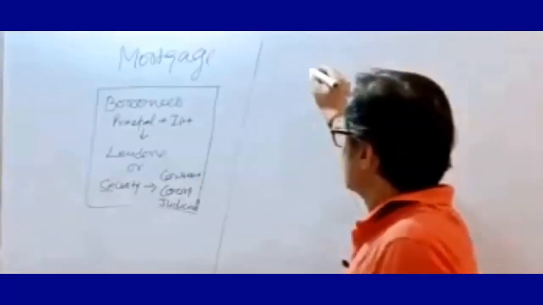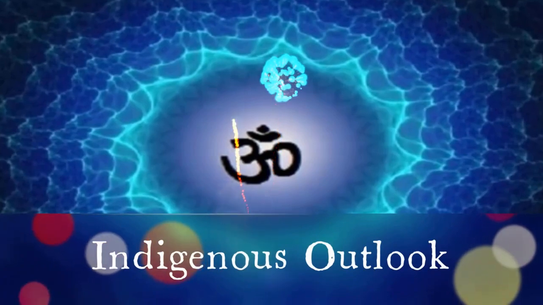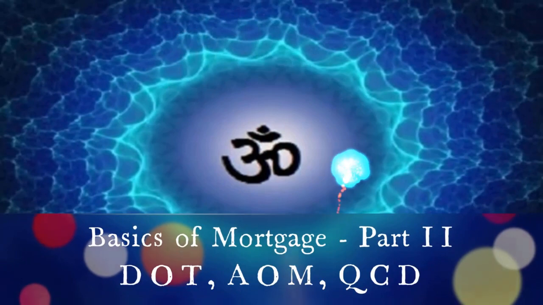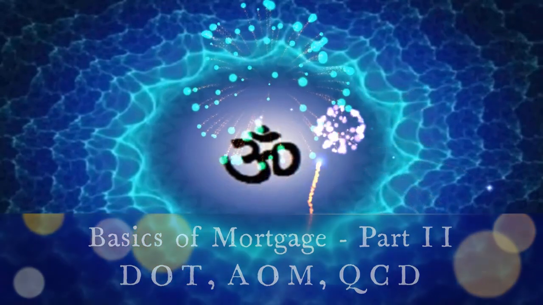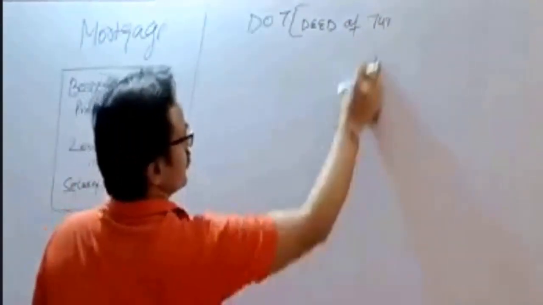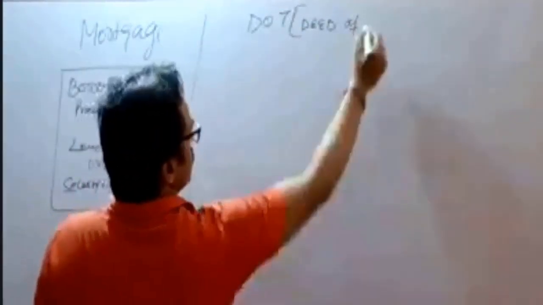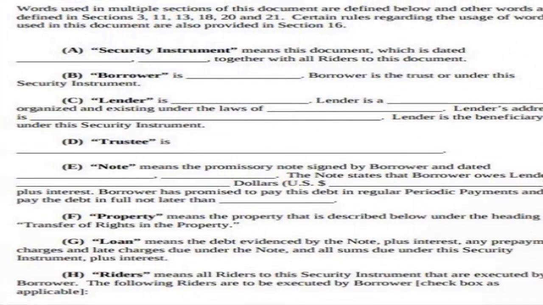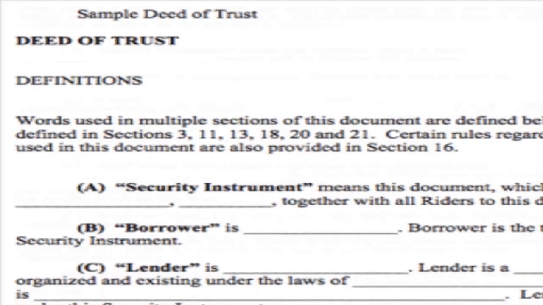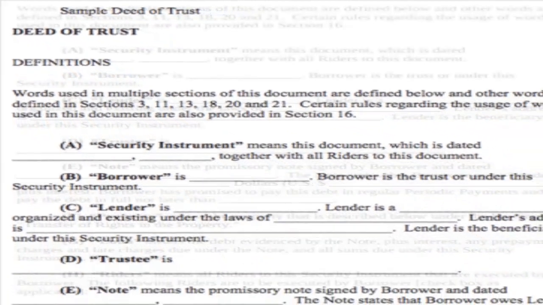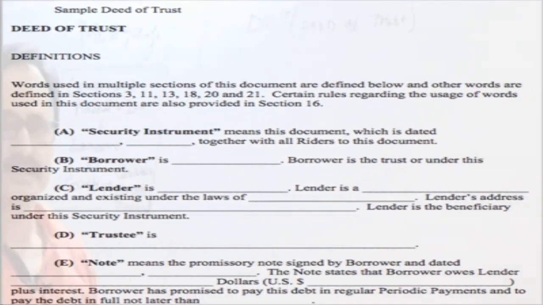That is known as a deed of trust. Many of you have already worked in this process, in this document, right? Deed of trust. Now what is a deed of trust? It's a similar document, and it has the same purpose.